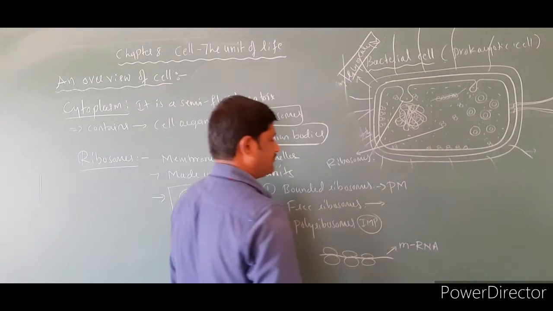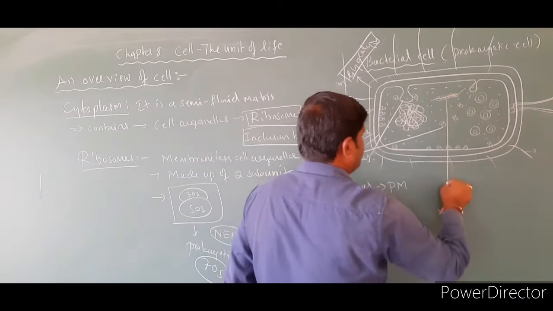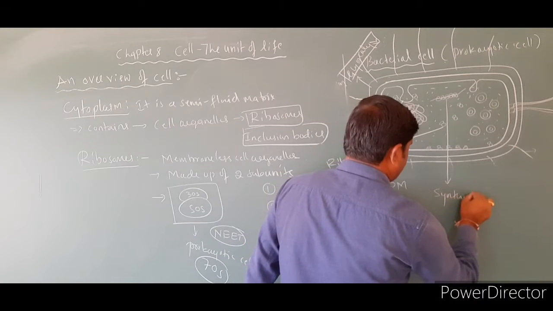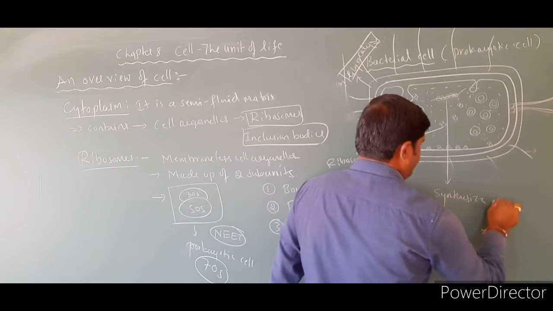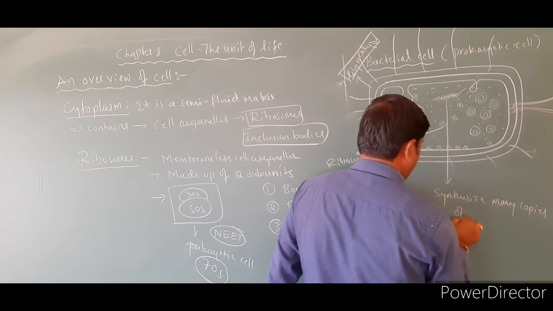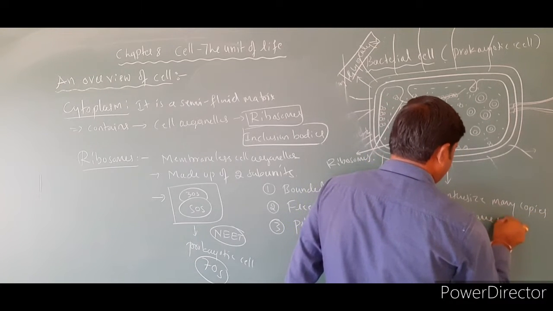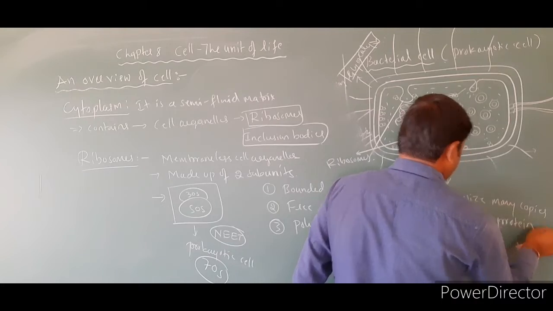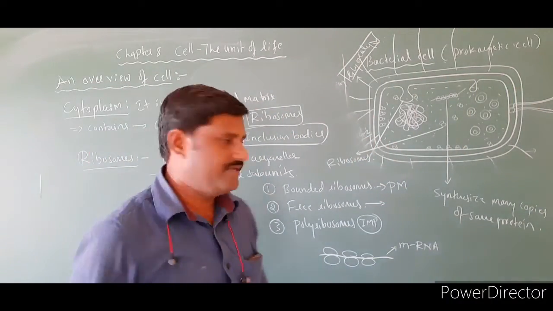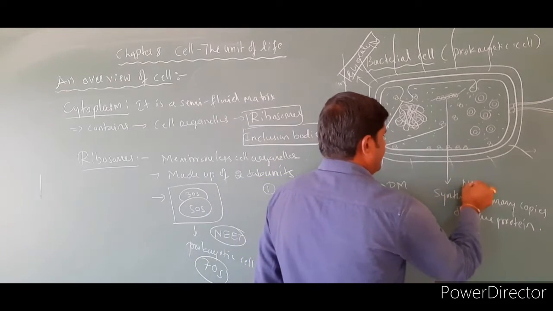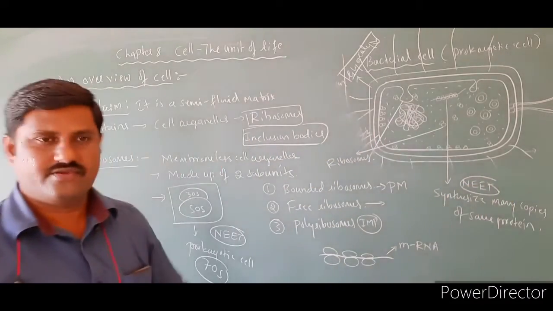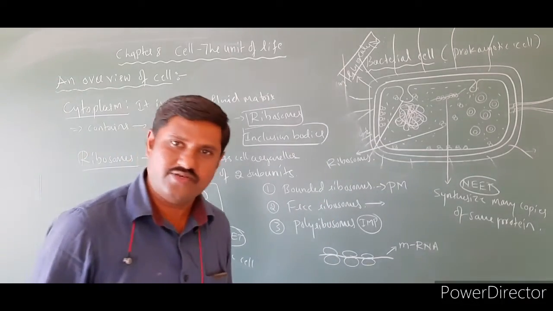See here, these polyribosomes synthesize many copies of the same protein, right? This is the fact you should remember. This is very important to read again. Very important point to be noted.